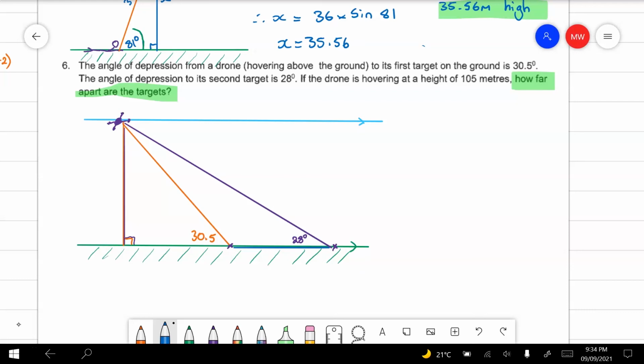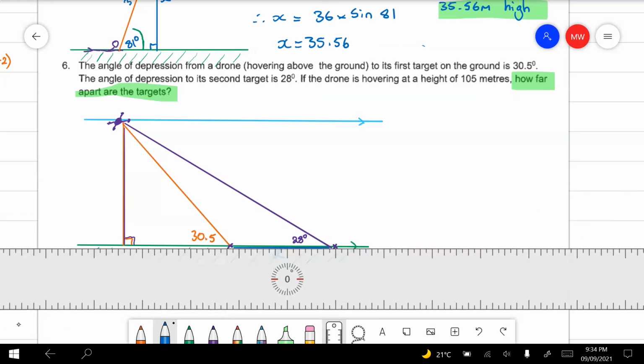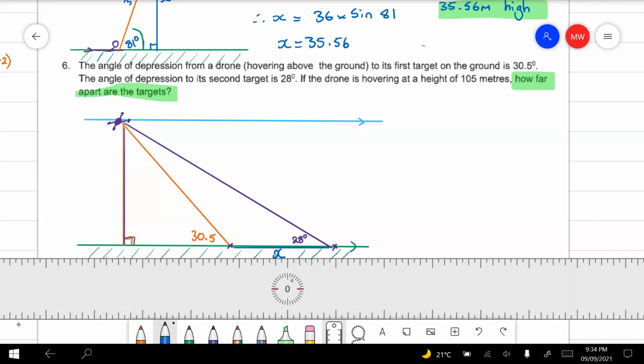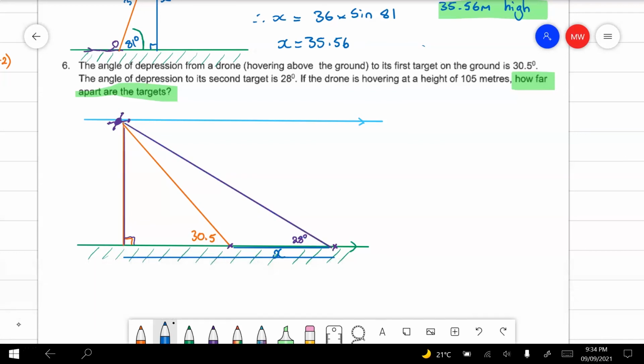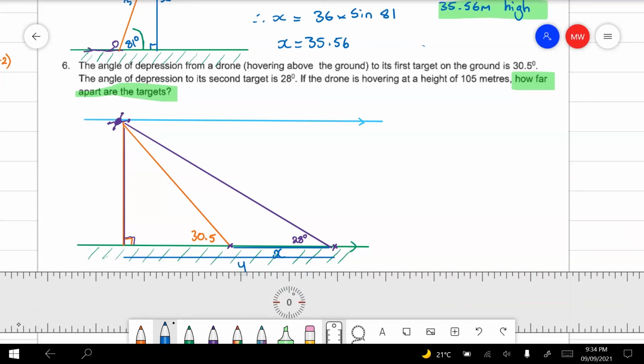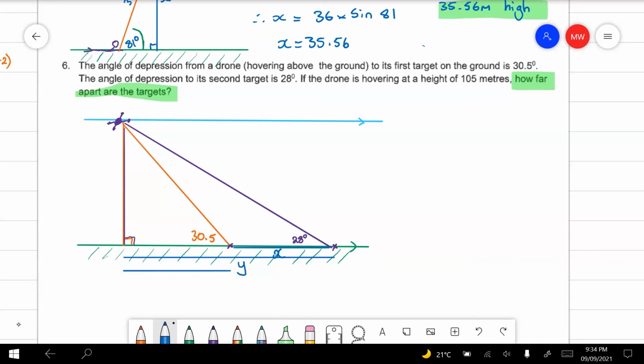So we'll call this one X. In order to do that, I'm going to need to find the length of the base of the large triangle. So let's call that one Y. And then I'm going to need to find the length of the base of the smaller triangle. So let's call that one Z.